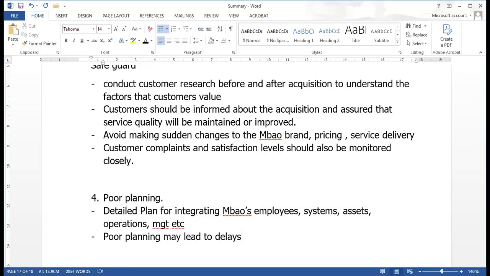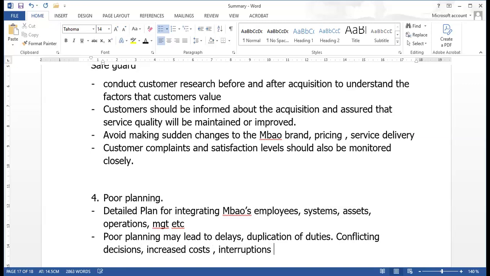delays. Delays, that is number one, may lead to duplication of duties. Duplication of duties may lead to conflicting decisions. Conflicting decisions may lead to increased costs. All these ones may lead to interruptions.